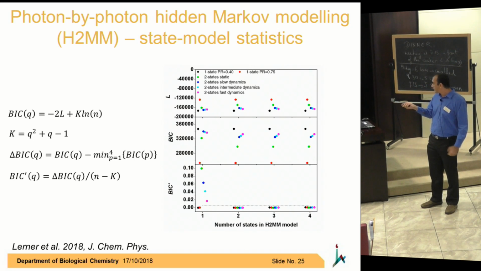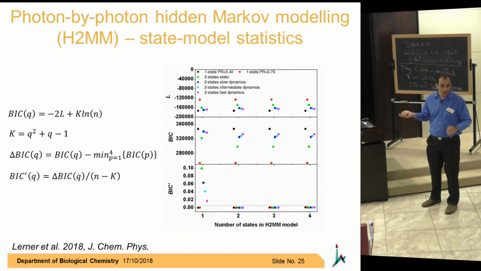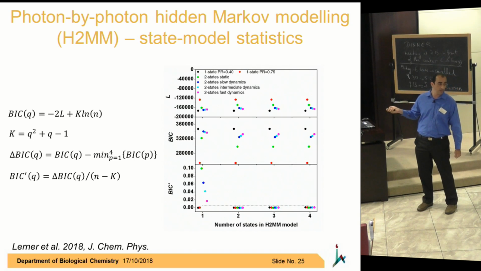For this delta BIC prime, I can introduce, let's say, a 0.005 threshold, and it will work for all of my measurements, independent of how many photons I produced, independent of everything. So basically what I say here, let's say for the simulation of a two-state, is that one state doesn't work, two-state works, and 3 and 4 of course work, so you stop there.